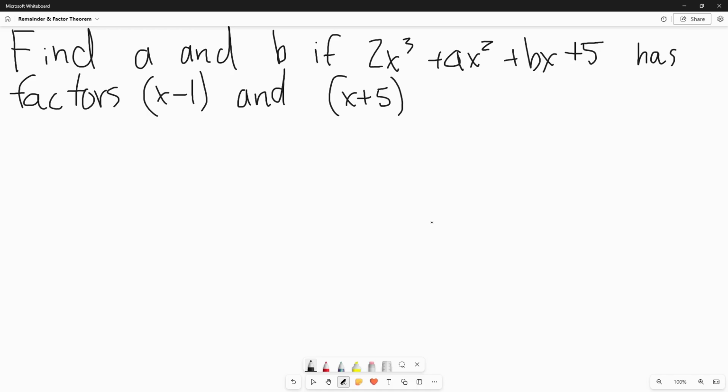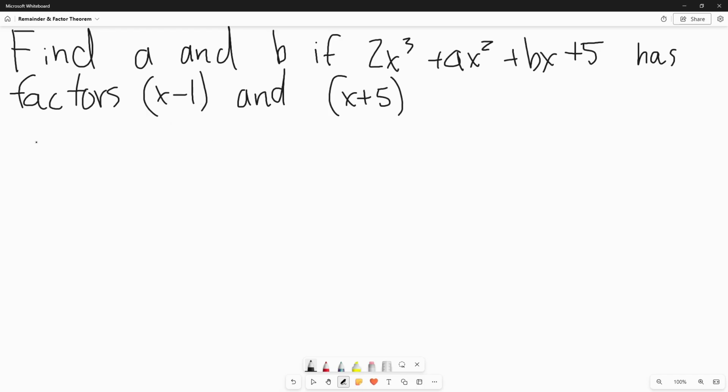So we learned earlier in this video that if a polynomial has a factor like x minus 1 or x plus 5, then that means if you use the remainder theorem for that, then the output will always be 0 because the remainder is 0. So let's plug in both 1 and negative 5 into the equation because that's what x equals if we set both of these to 0.